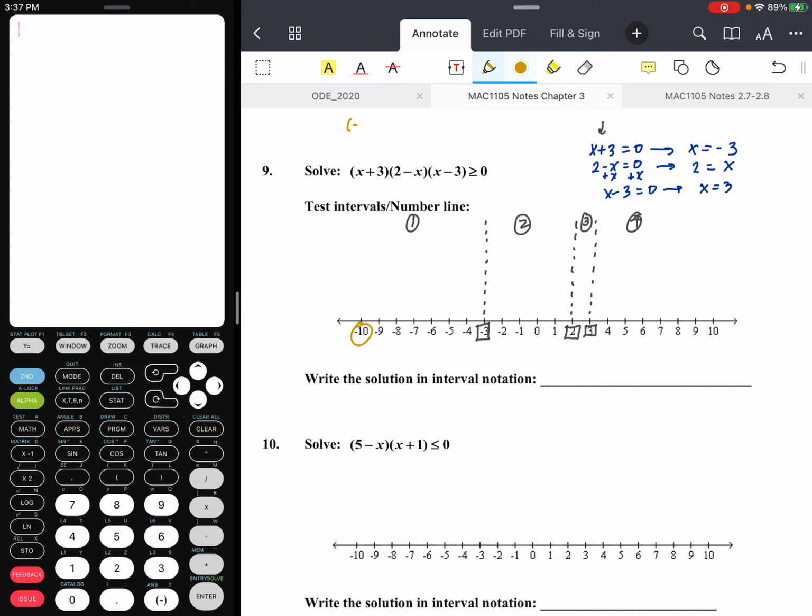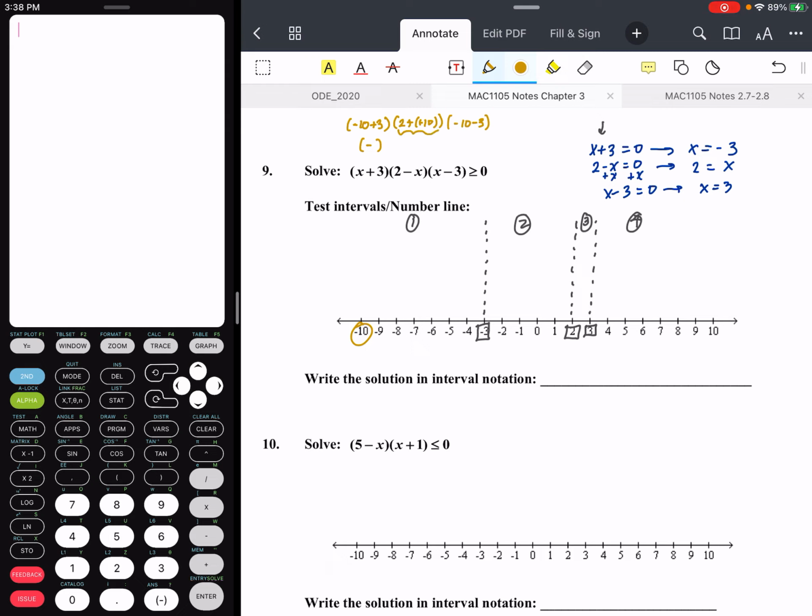So if I had -10 plus 3 times 2 minus -10 times -10 minus 3. -10 plus 3 would give me a negative result. It's -7, but I just care about the negative. 2 minus -10, negative times negative gives me a positive.